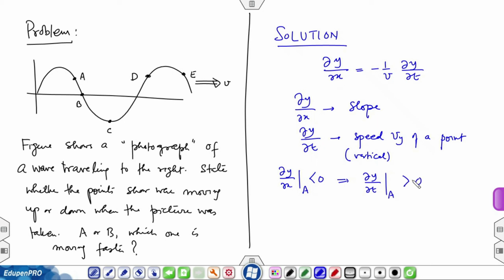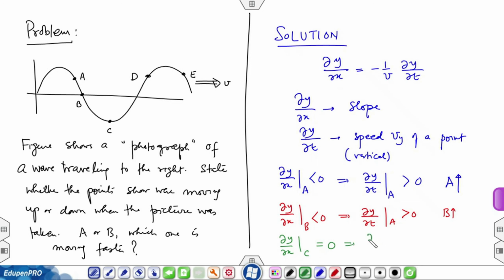Point A is moving up. dy/dx at B is also negative, implies dy/dt at B is also greater than 0, B is moving up. dy/dx at C is equal to 0, it is the minimum, and therefore, the speed of point C in the vertical direction is 0, C is not moving. And same thing you can work out for D and E.